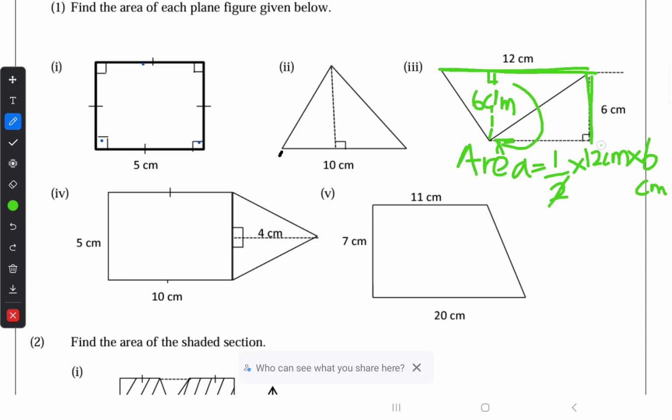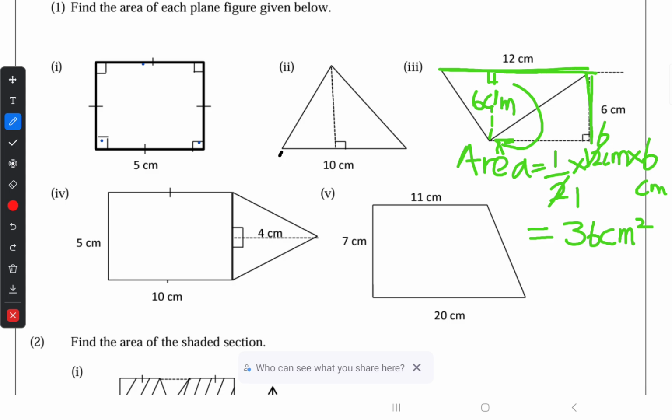This 2 and 12 can be simplified. 1 2s are 2, 6 2s are 12. Then we will multiply. 6 into 6 is 36. Centimeter into centimeter, square centimeters. Then for the fourth picture, this is a composite figure.